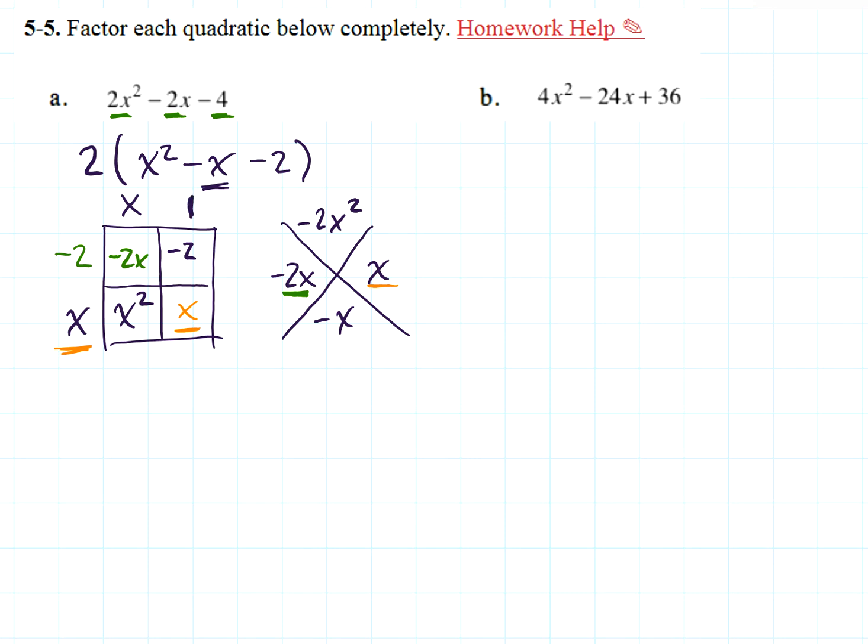So if I look at this, I can see for every single one of the individual boxes here, let me do this with a pen that'll erase itself. If I multiply x times 1, I get x. If I multiply this x times x, I do get x squared.